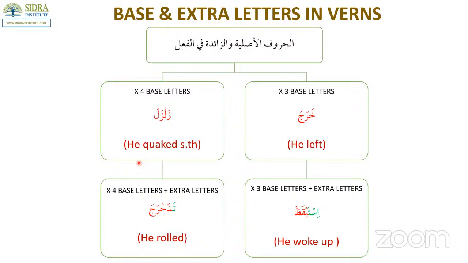So we've developed an understanding so far, in terms of nouns can be 3 root letters, 4, max 5, and each one can contain extra letters. When it comes to verbs, we are dealing with 3 base letters along with probably extra letters, or max is 4 base letters along with extra letters.